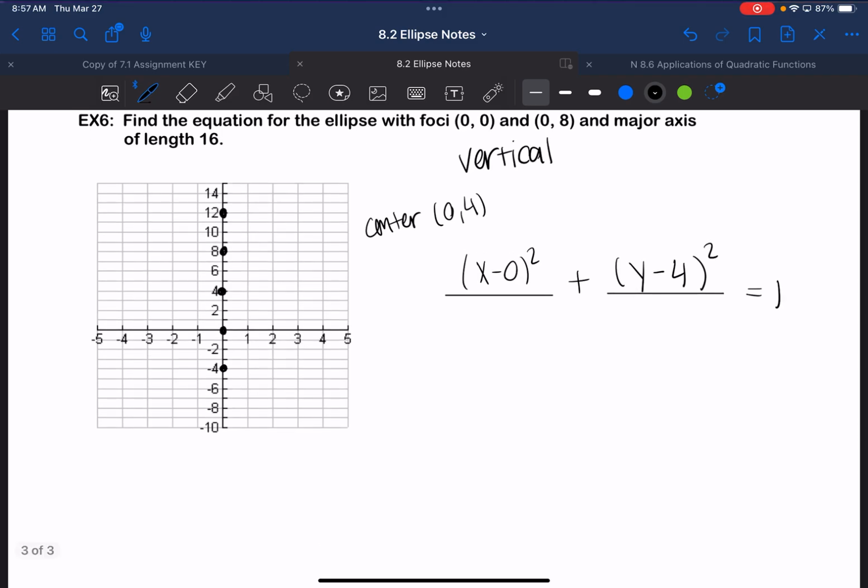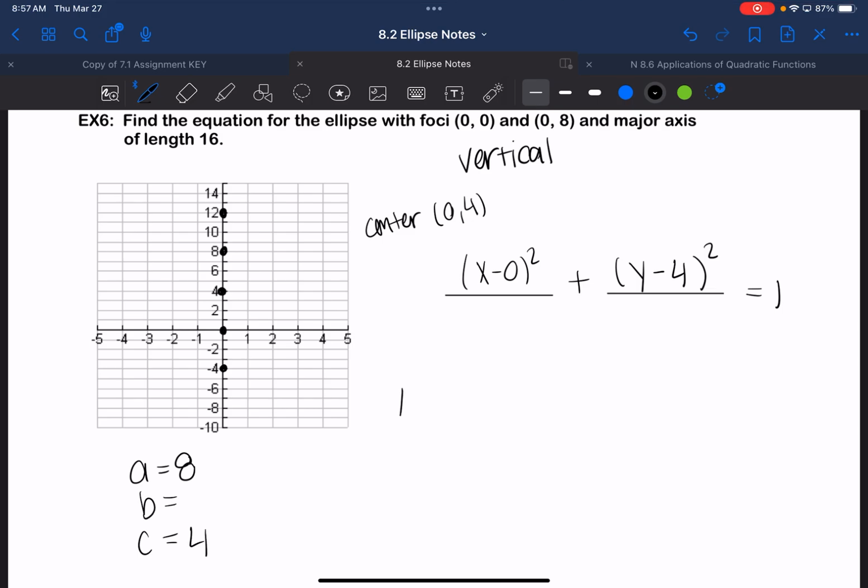Okay, so this time, since we're running vertically, that makes that my A, right? Vertical is my A. And we said we went how far for A? 8. And they gave us enough information to figure out C must be what? 4. So I'm just looking for B, just like before.